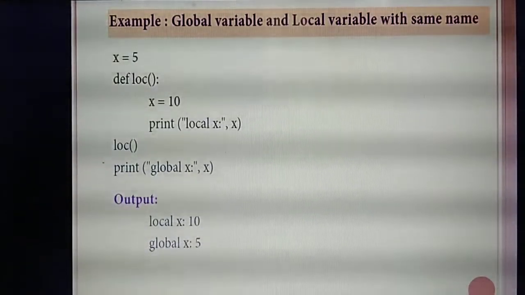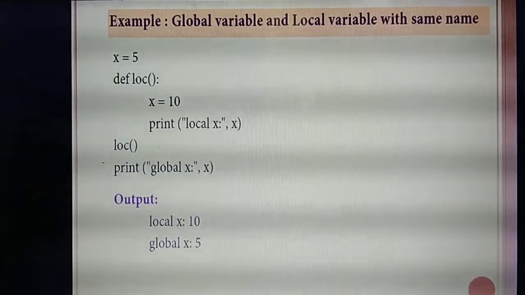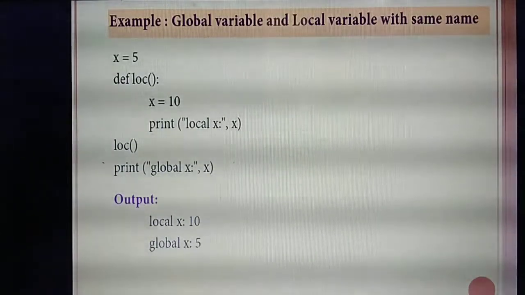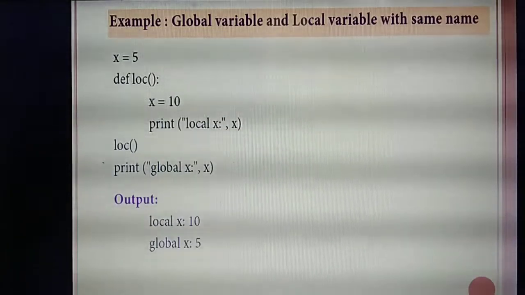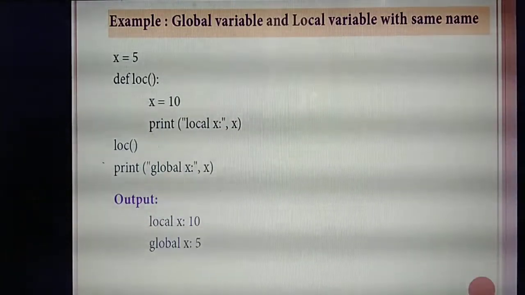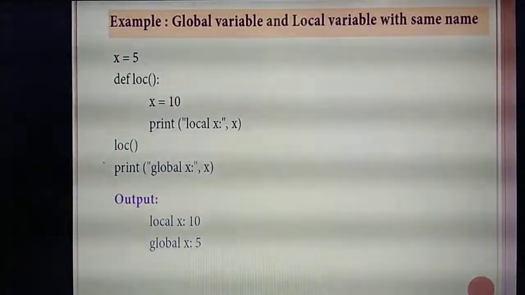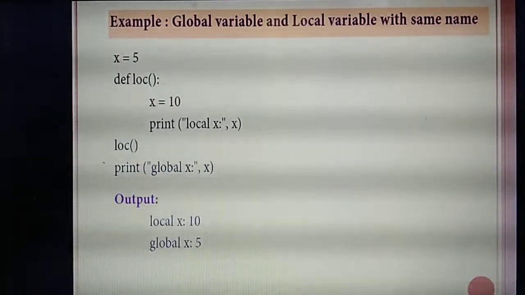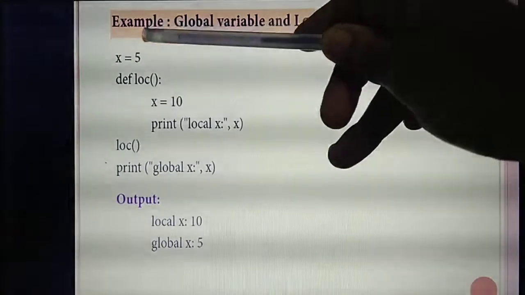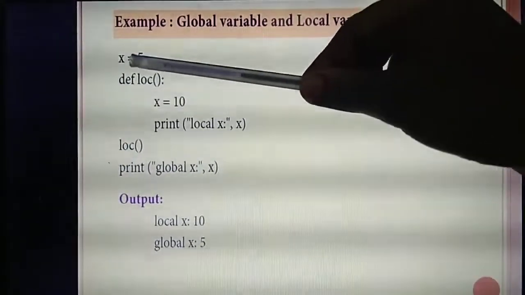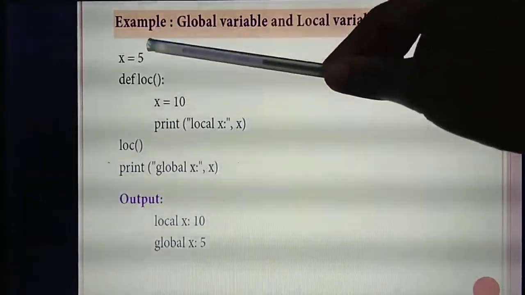Then this program is about using both a global variable as well as a local variable with the same name. Understand? Local variable as well as global variable you are using with the same name. Okay. So listen here. Which value is the global variable? x equal to 5. You are defining the variable x equal to 5 outside the function.